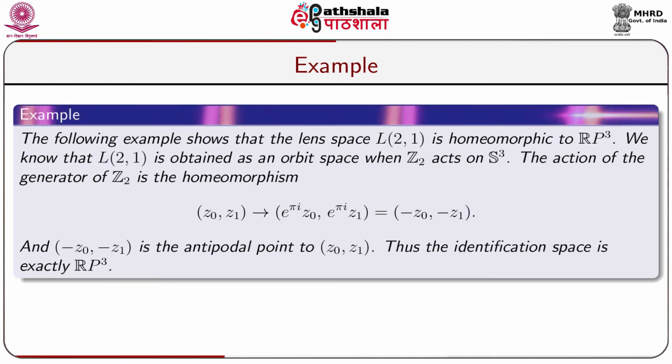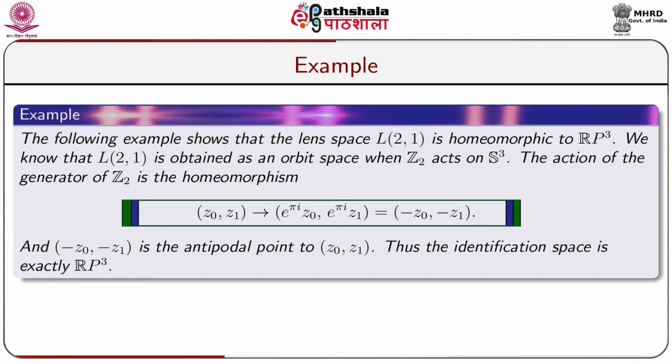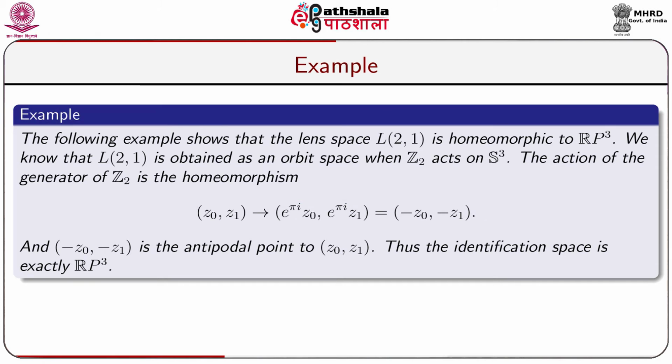The action of the generator of Z2 is the homeomorphism defined by (Z0, Z1) goes to (e to the power 2 pi i by 2 Z0, e to the power pi i Z1), which is equal to (minus Z0, minus Z1), and we know that (minus Z0, minus Z1) is the antipodal point to the point (Z0, Z1). Thus, the identification space is exactly RP3.